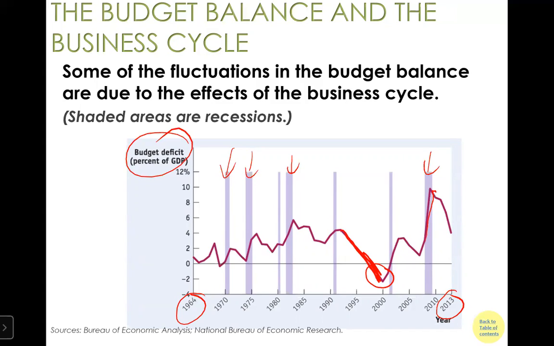Okay, but from this discussion, we also should realize that some of the fluctuation in the budget balance is due to the effect of the business cycle. When we are in recession, this is going to go up. When we are in an expansion, this goes down. So this fluctuation is partially coming from the fluctuation in our economy, right?